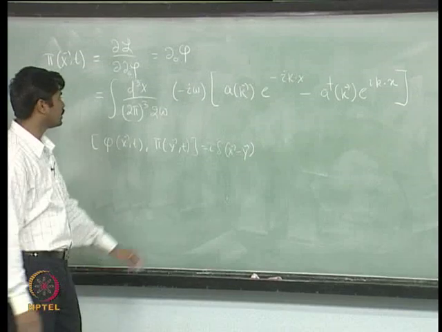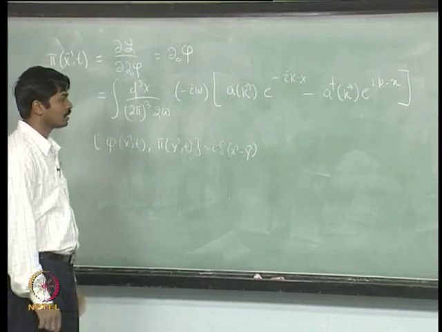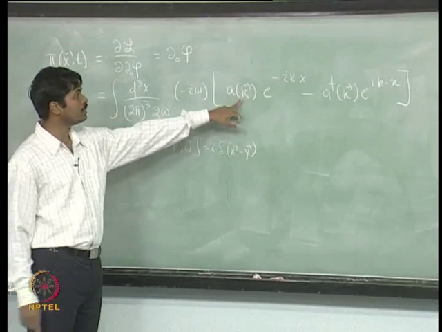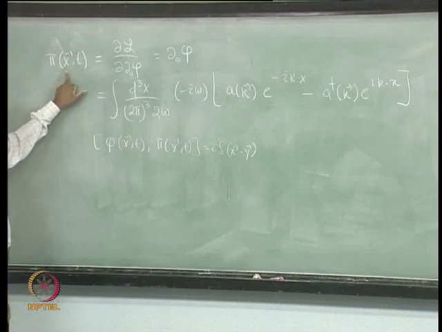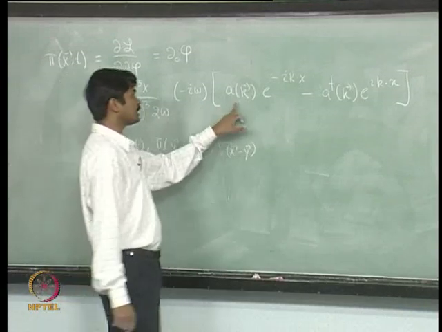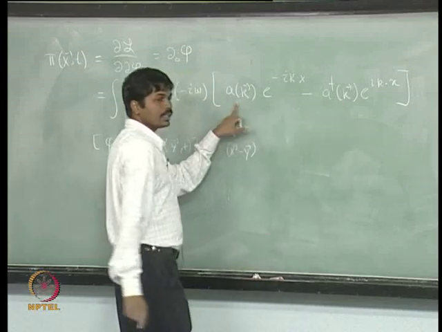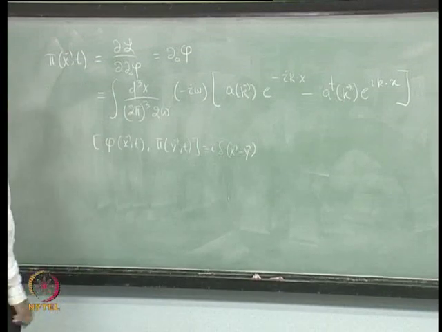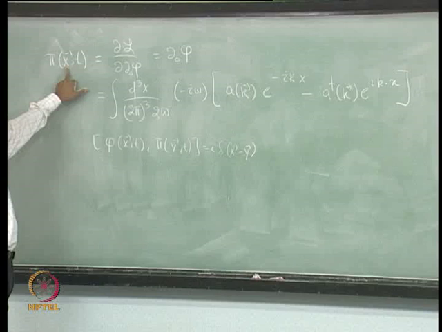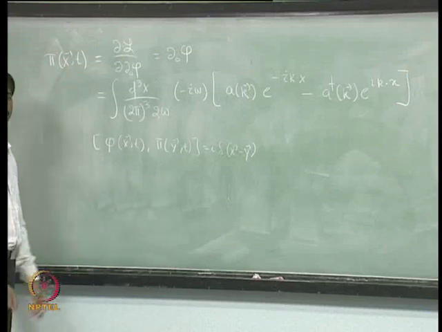To derive these commutation relations, we can invert this relation, and write a k and a dagger k in terms of the fields pi of x, t and phi of x, t.